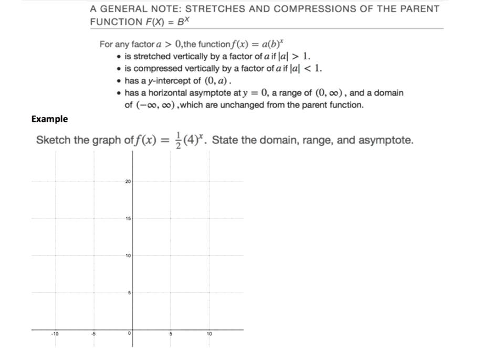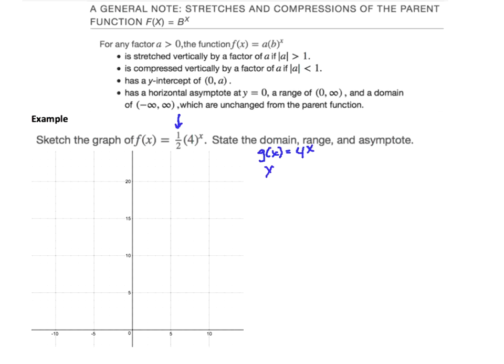Okay, so here we have 4 to the x, which has been compressed vertically. The first thing I'm going to do is start with a parent function, 4 to the x.